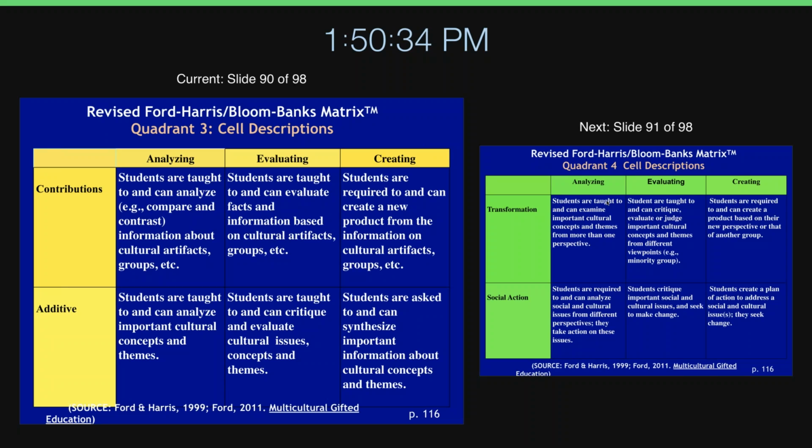So we're analyzing basically garbage. That's the only word that comes to mind. It's been a long day. We're analyzing nothing. We're promoting stereotypes and biases or reinforcing them. And then with creating, let's say, additive, students are asked to and can synthesize important information about cultural concepts and themes from one perspective in a safe way.